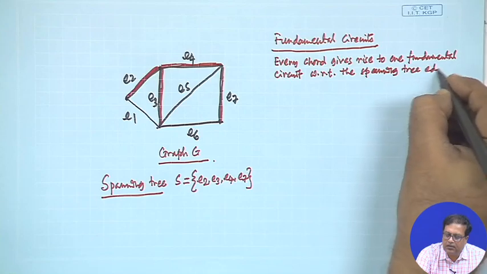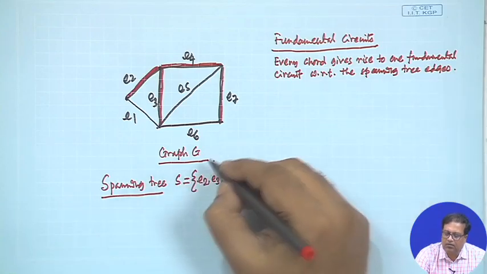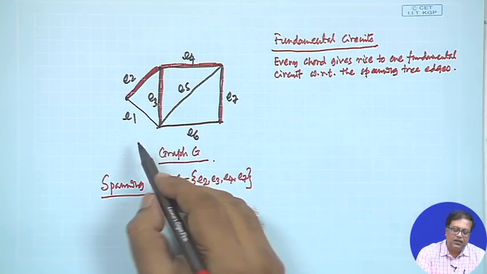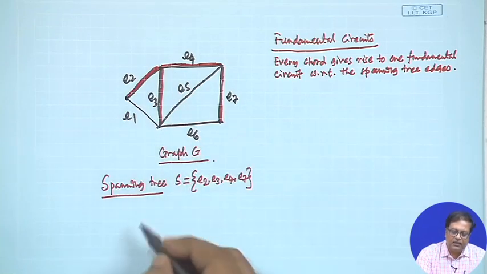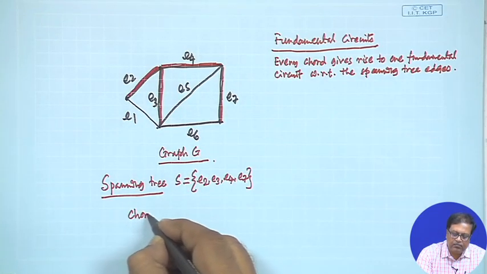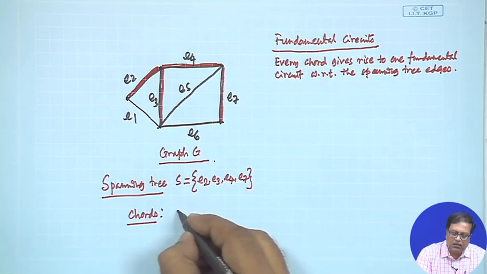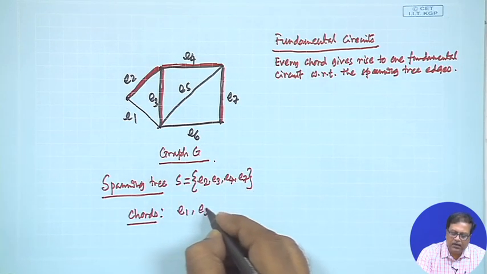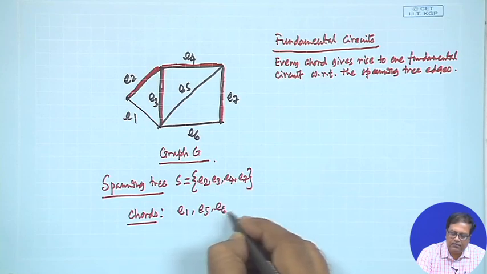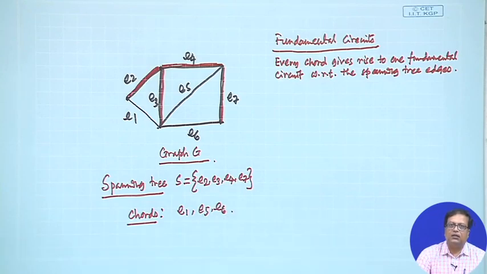This point you must remember. You see here these are the spanning tree edges. So, what are the chords? The chords are E1, E5, E6. There are 3 chords. So, how many fundamental circuits will there be if there are 3 chords?